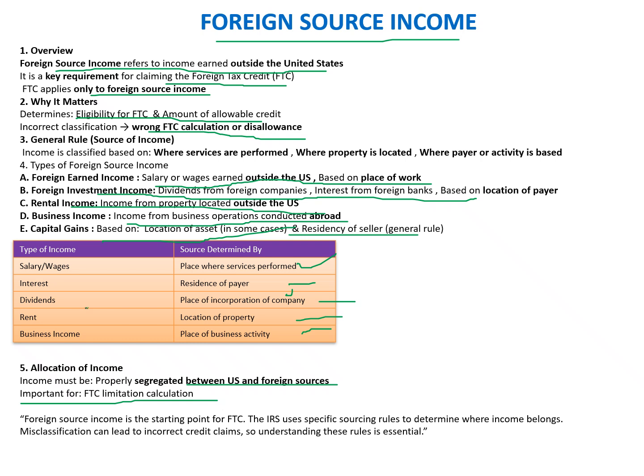So foreign source income is the starting point of the FTC. The IRS uses specific sourcing rules to determine where the income belongs. Miscalculation can lead to an incorrect credit, so understanding these rules is essential so that there is no disallowance when the FTC credit is claimed. So we'll move to the next slide.